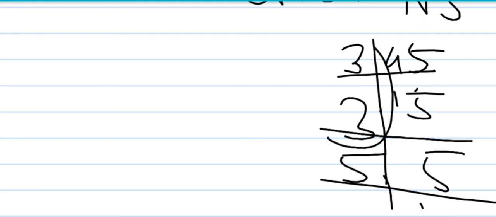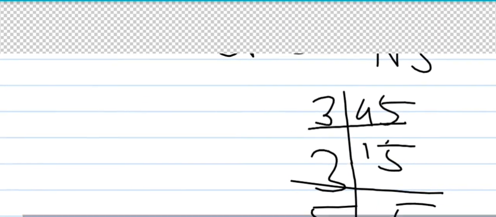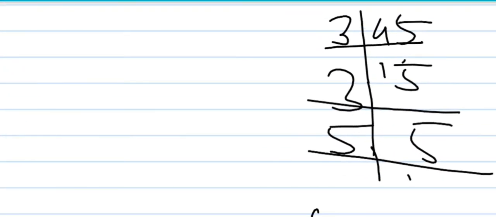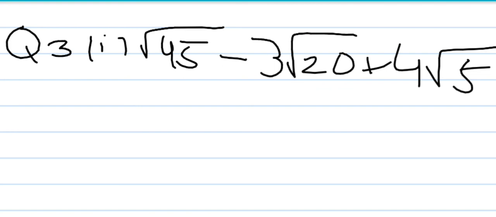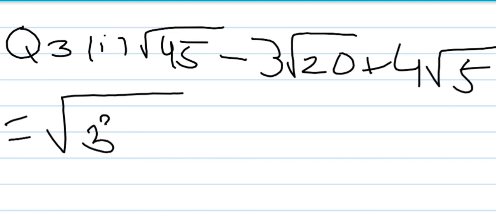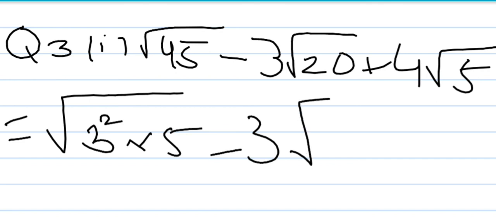So 3 will be written as a square. I'm raising it, so I'm writing it as under root 45, that is 3 square multiply by 5, and minus 3 under root.